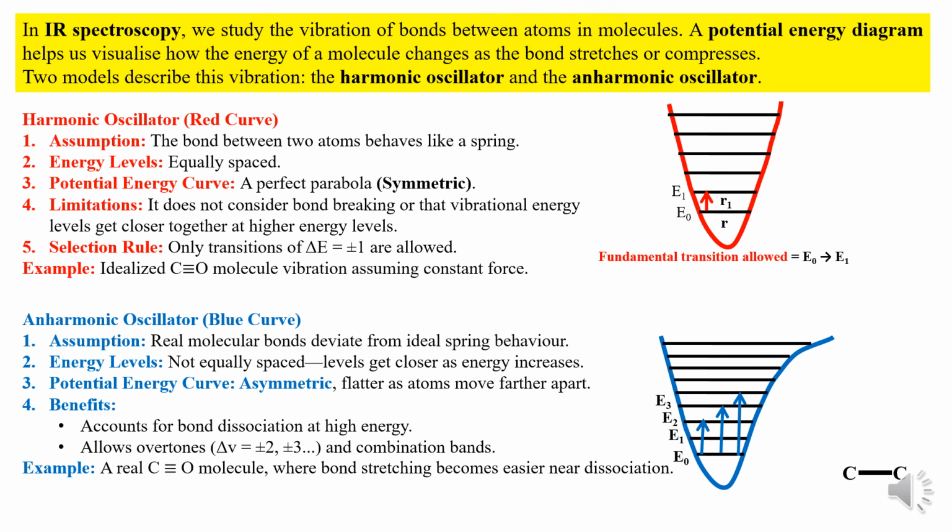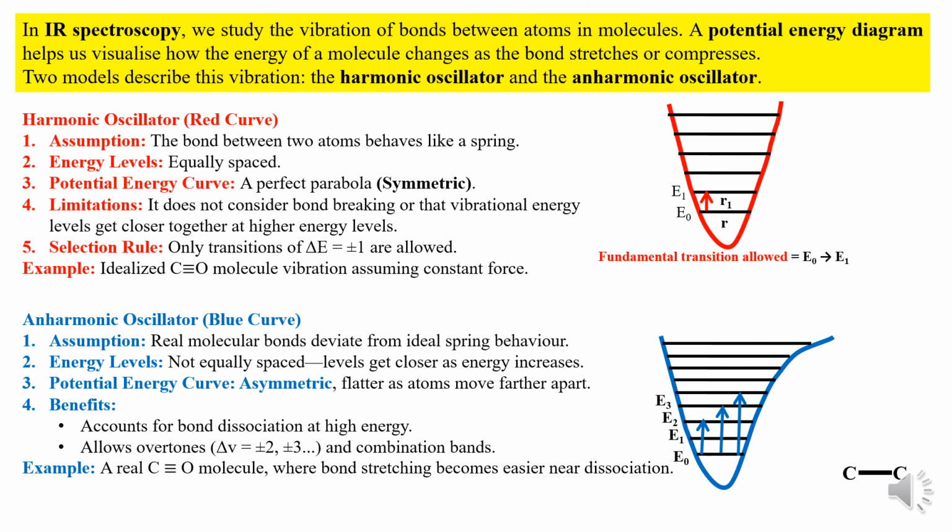In fact, it is flexible like a spring, and you cannot stretch the spring to infinity. At a given point of time, it tends to break. And likewise, in the case of a covalent bond, at a particular point when it is overstretched, it tends to break. So the anharmonic oscillator accounts for the bond dissociation at higher energy.